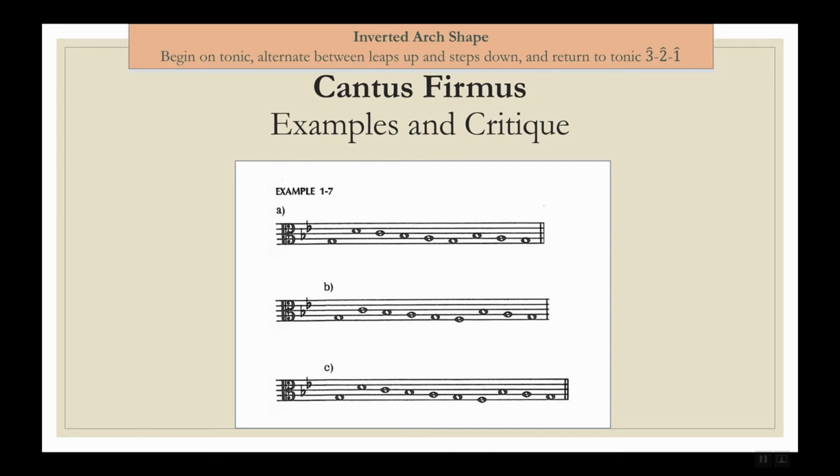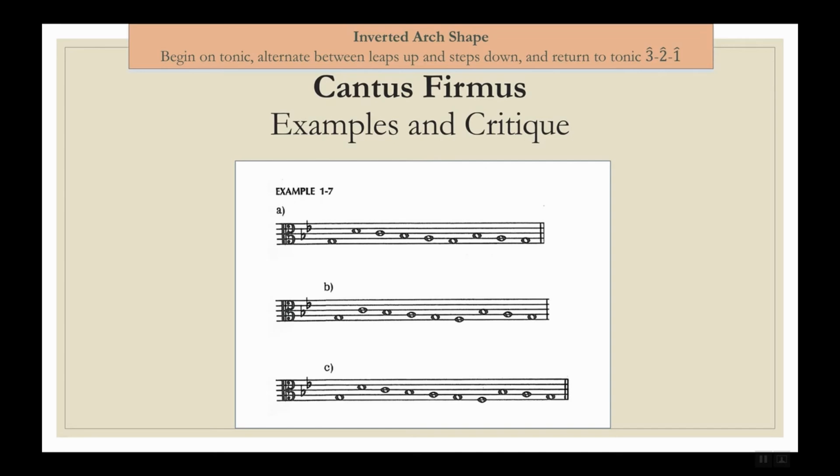So ignore the word inverted. It would be inverted if you leapt down and walked back up, but the normal arch is you're leaping up and then walking back down, and then you're going to return, usually going 3, 2, 1, and landing on the tonic. So all three of these melodies do that, and then I will point out to you that Twinkle Twinkle and the ABCs do that as well. But let's play these.